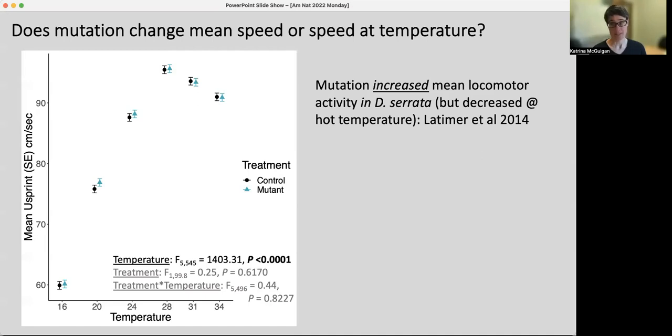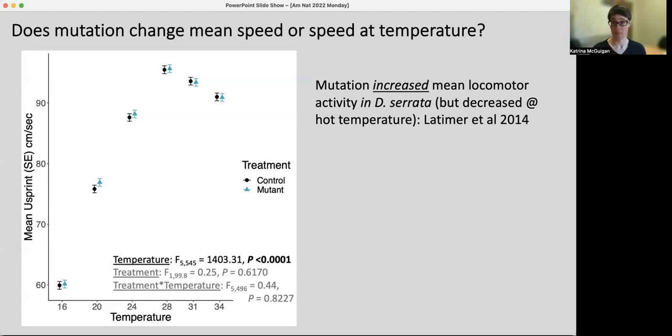There's been one previous study that I'm aware of that's looked at the effect of mutation across a thermal gradient, which was in Drosophila serrata, looking at spontaneously arising mutations. There they did find evidence of a directional bias: mutation increased the mean locomotor activity across almost all temperatures, but not at the very hottest temperature, where it significantly decreased it.